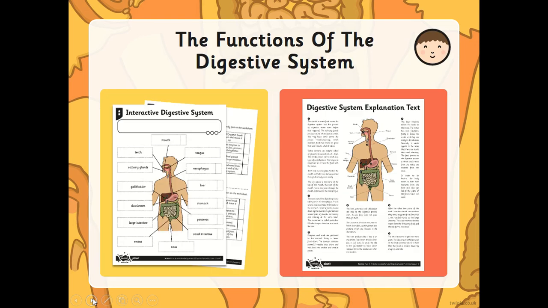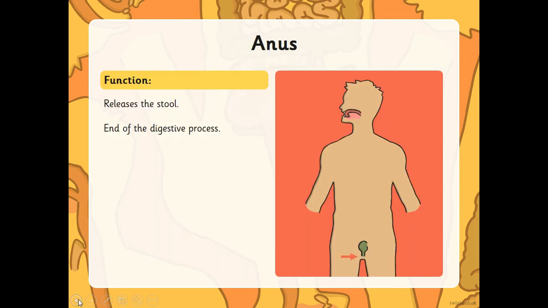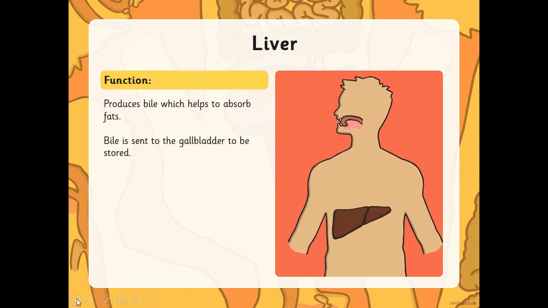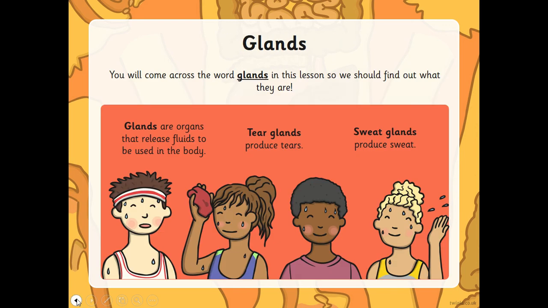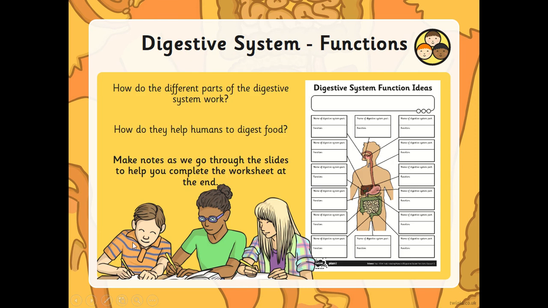Okay, so hopefully then you will have made your notes on the different slides, and then in your class page, if I go back, you should find a sheet that looks a bit like this, where you've got to label the body part and just a sentence explaining what that body part does.